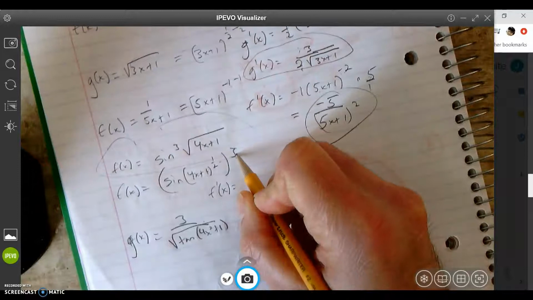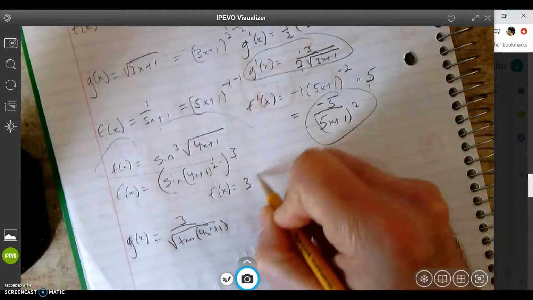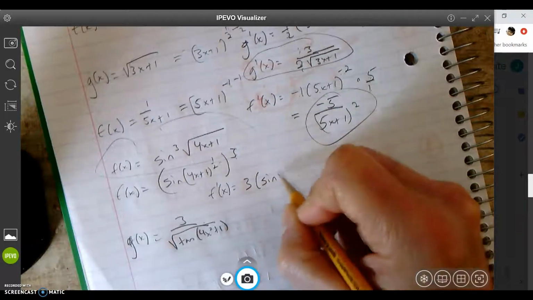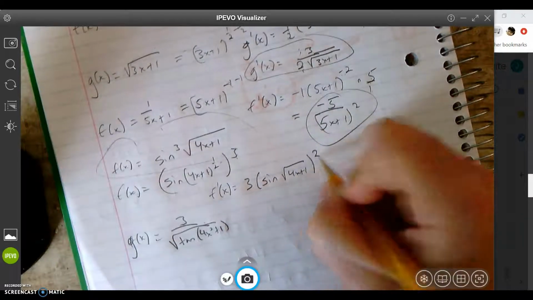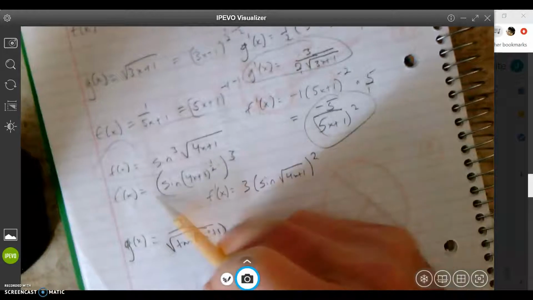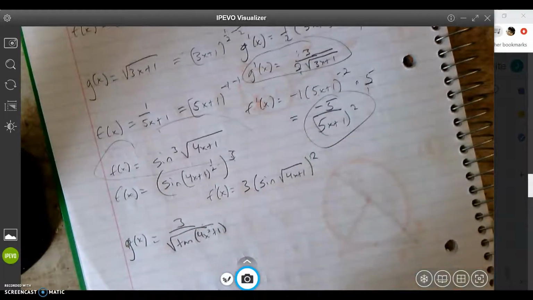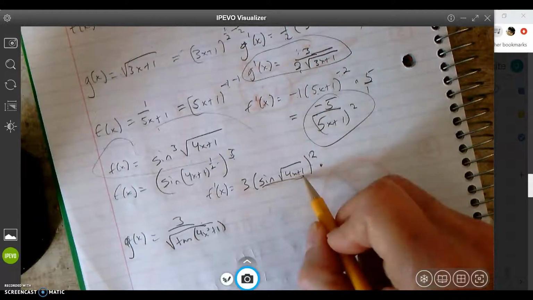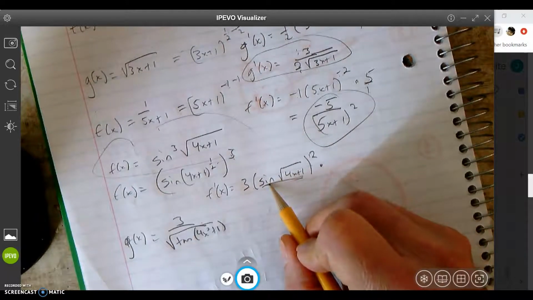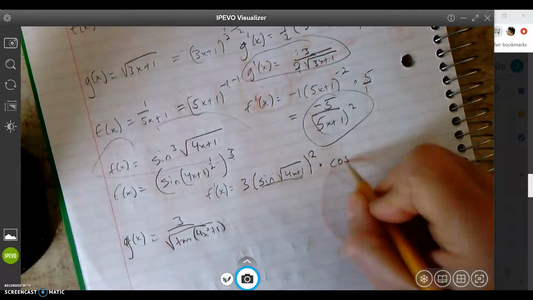So it's derivative of the outside, which is 3. Keep the inside, which is all this fun stuff, squared. So this is like x to the third, so it'd be 3x squared, which is your derivative, times derivative of the inside. So the derivative of sine is cosine.